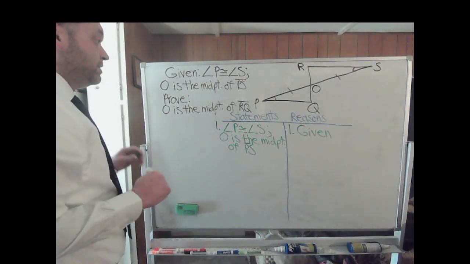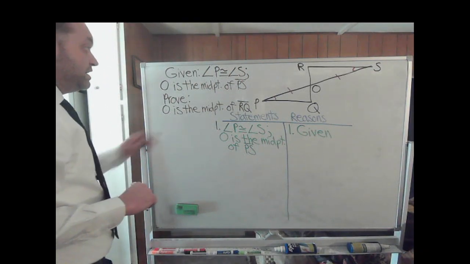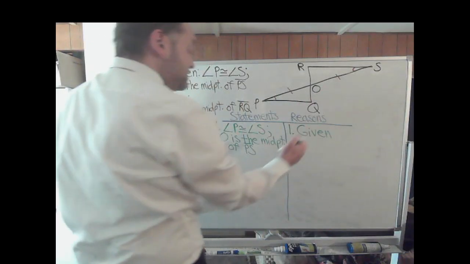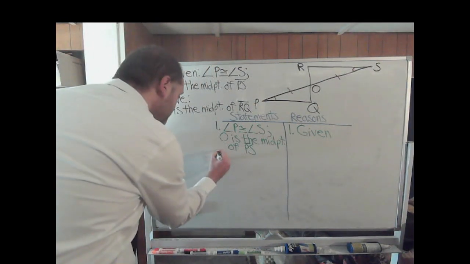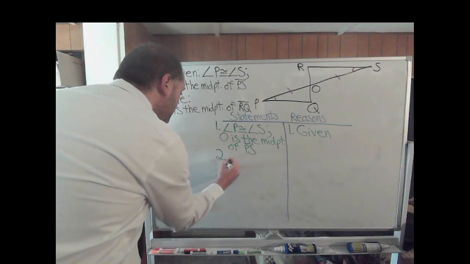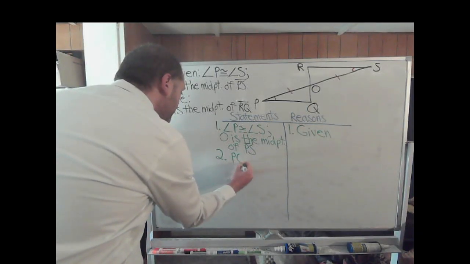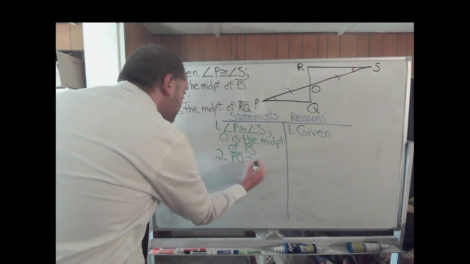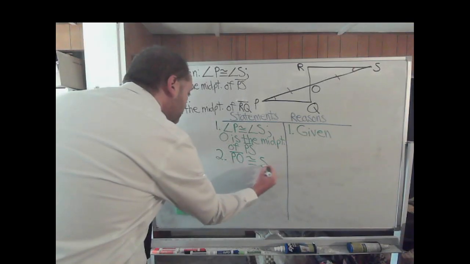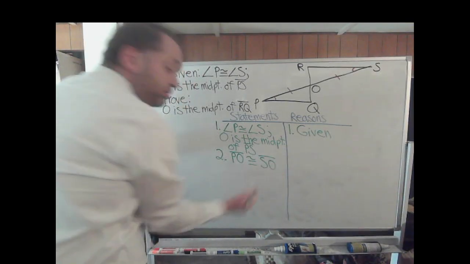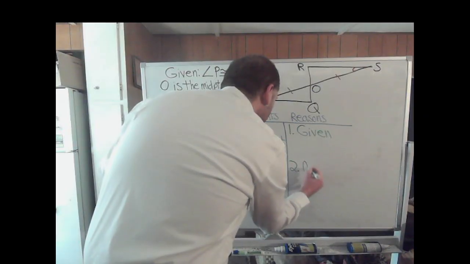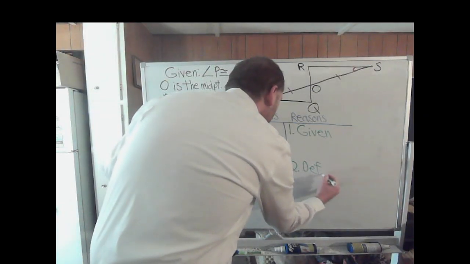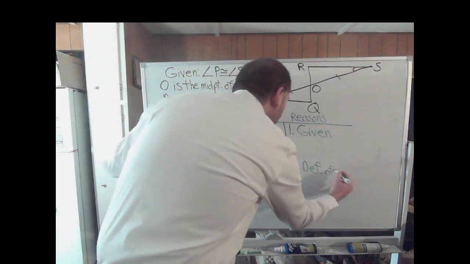Where do we go from there? Well, if O is the midpoint of PS, that means it splits PO and SO into two congruent segments. So we can therefore say that PO is congruent to SO simply by the definition of midpoint. That would be for reason 2, the definition of midpoint.